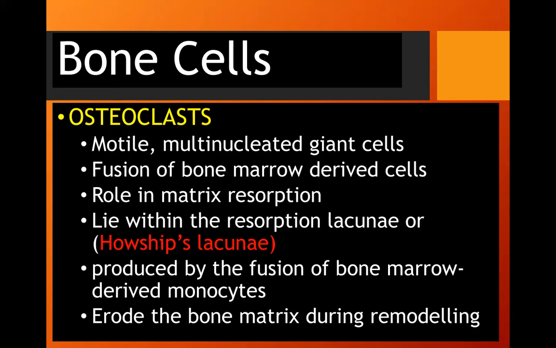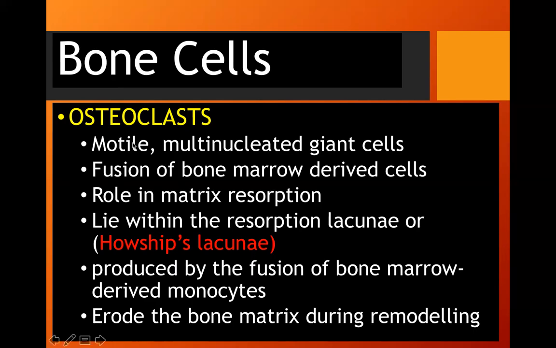Again, important note that osteoclasts don't come from osteoprogenitor cells. They are derived from the monocyte phagocyte system, meaning they are derived from bone marrow-derived monocytes. An osteocyte lies in lacunae.